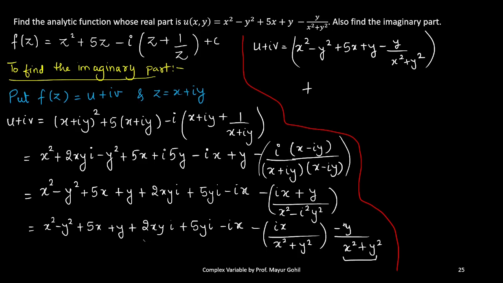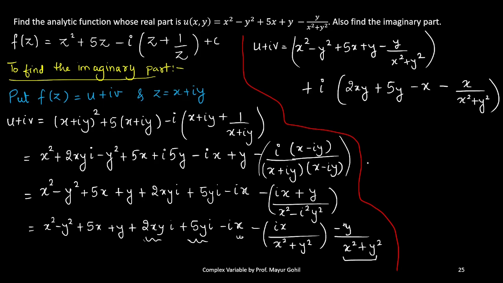The imaginary number iota i is already there, so i times 2xy plus 5y, okay, and then there is this x over here, minus of x, and then there is minus x over x square plus y square.